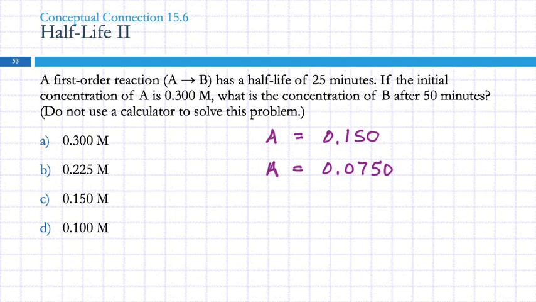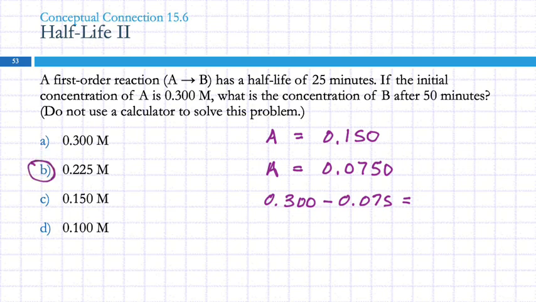Okay, so if that is the amount of A, then what's the amount of B? How much A has disappeared? We started with 0.3, and then we're subtracting 0.075. That's going to be B.